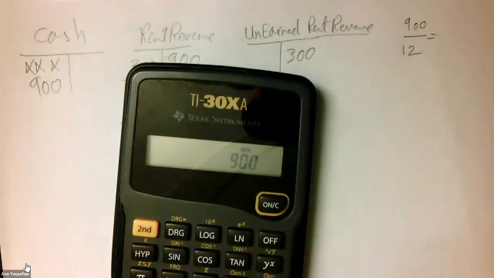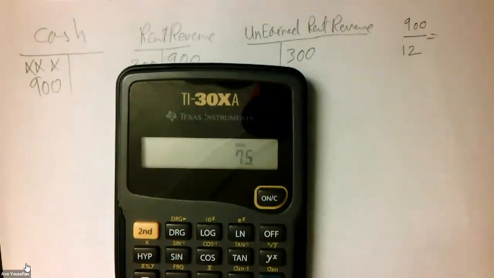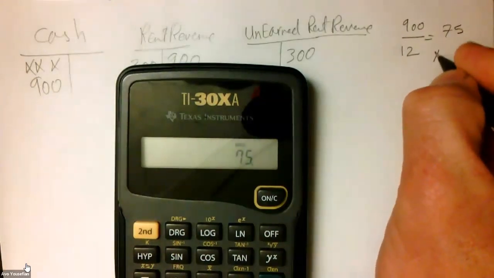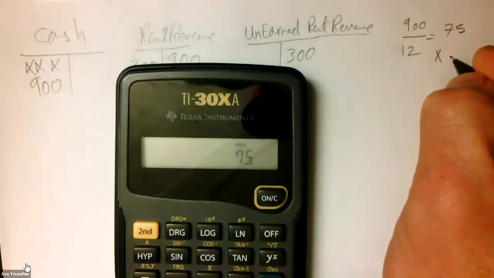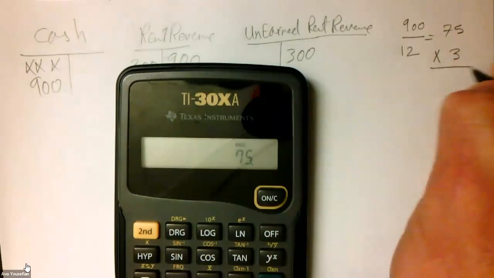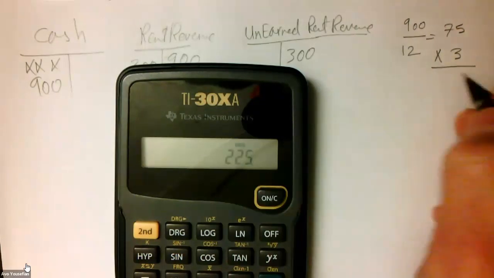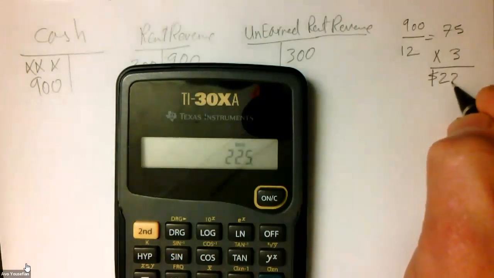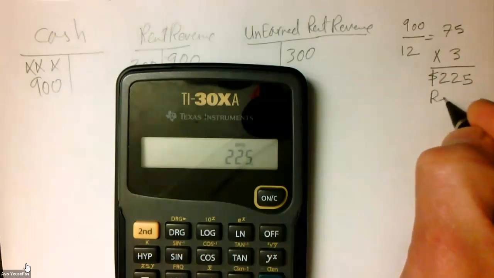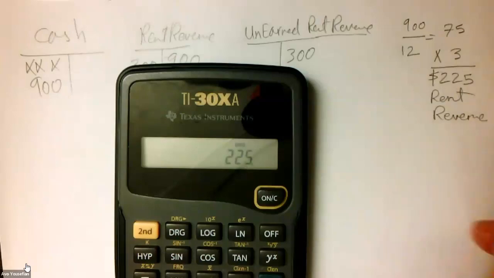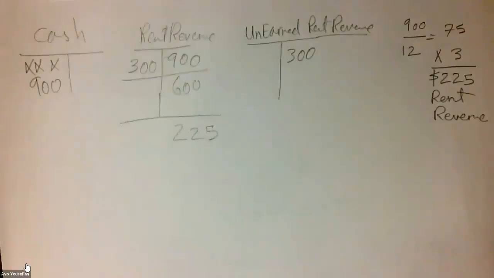That is $75 a month. 75 a month times October, November, December. That's 3 months, so that's $225 rent revenue to be recognized. So far, so good.